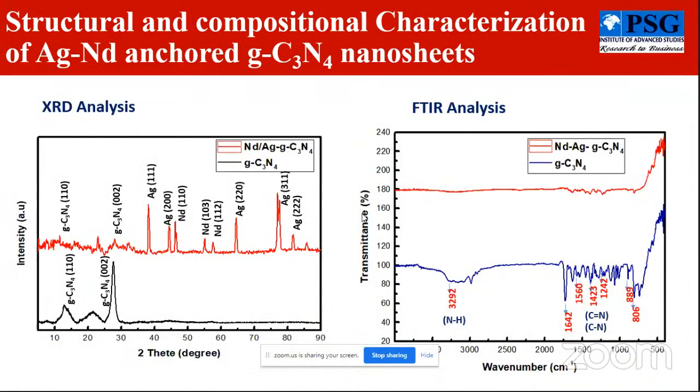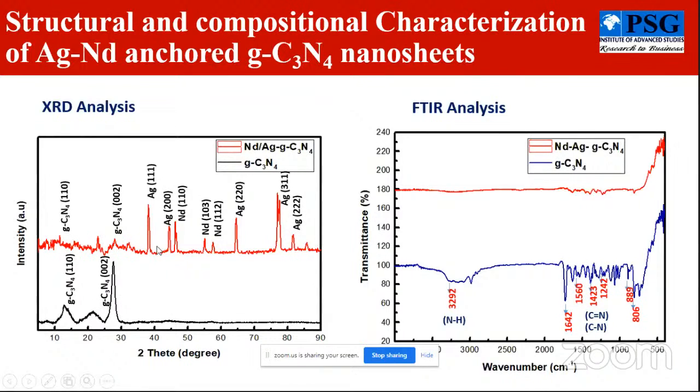After the preparation of the material, we characterized the structure and composition of these AgNd anchored g-C3N4 nanosheets. This is the XRD analysis of the material. Here we can see a strong peak at 27.62, which corresponds to the conjugated aromatic ring of g-C3N4.